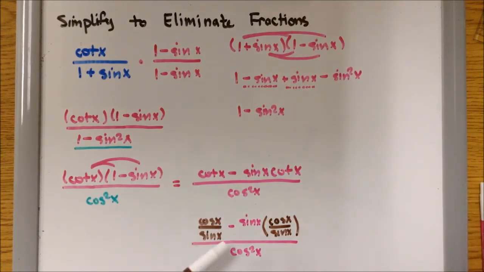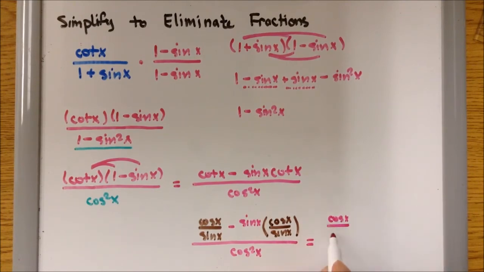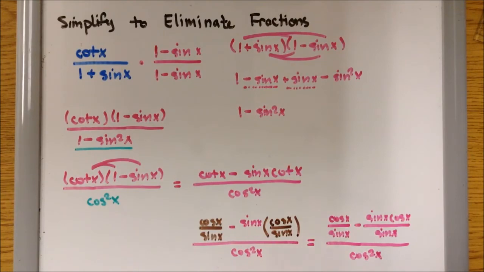Alright, so I got everything in terms of sine and cosine. Next, I'm going to distribute this sine of x to that cosine of x in the numerator only. So on the top will be cosine of x over sine of x minus sine of x cosine of x over sine of x, over cosine square of x.